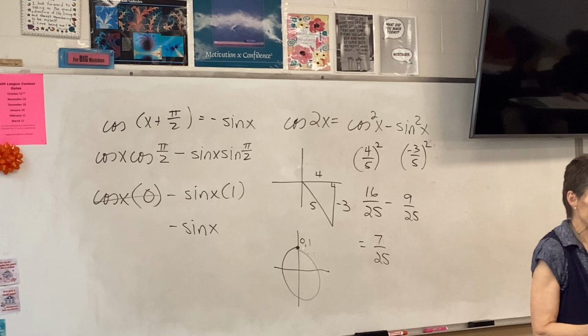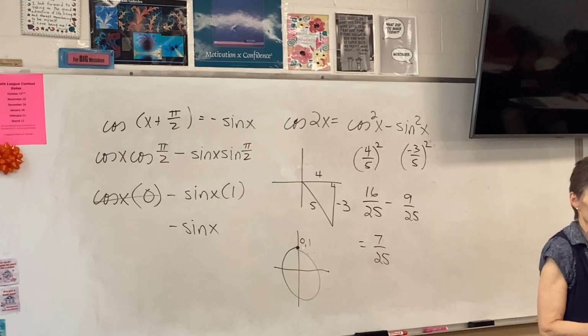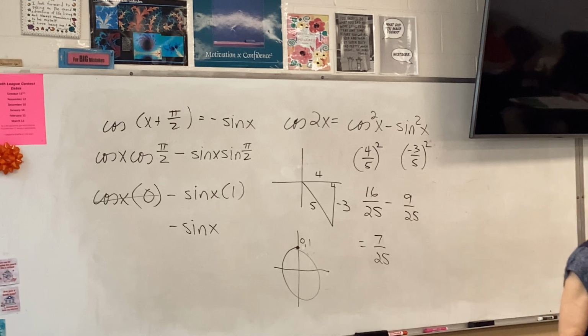How about C? C is a formula for sine of half the angle. Cosine squared minus sine squared is for twice the angle. The angle is 19, so it's cosine 38, 2 times 19.